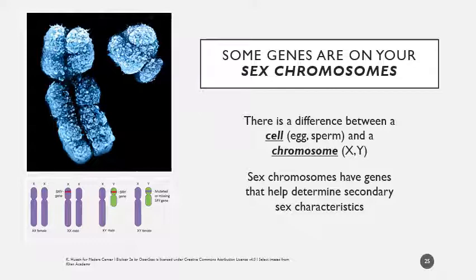So it's really important to think about whether we're talking about a gamete, like an egg or a sperm, versus a chromosome, which is a package of DNA inside of that egg or sperm. Those sex chromosomes, again, have genes that help determine secondary sex characteristics, which we talked about extensively in the other 2 lectures for this week.